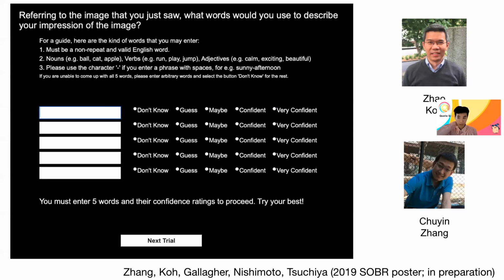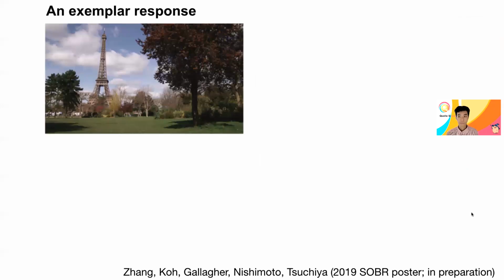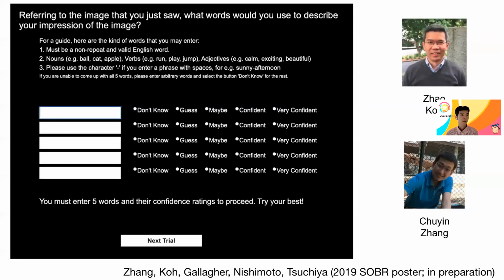But exactly this kind of question is the one that we are addressing. We already addressed it in one of the honors projects, Tao Code's honors project a couple of years ago, which was followed up by Chu-In-san in my lab. Tao asked the subjects to type 5 words on the internet after seeing each of these images very briefly.